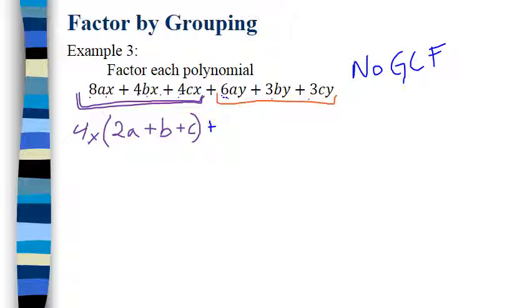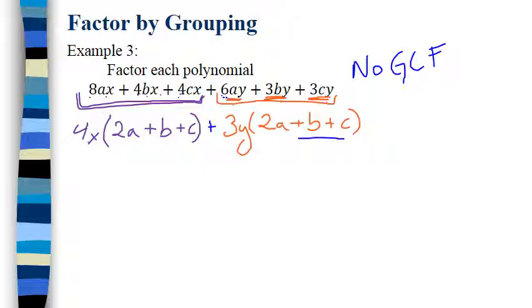Okay, next, we look here and we notice that the common factor here is y and also 3. So 3y is a common factor. And so 6ay divided by 3y is 2a, plus 3by divided by 3y is b, and 3cy divided by 3y is c.